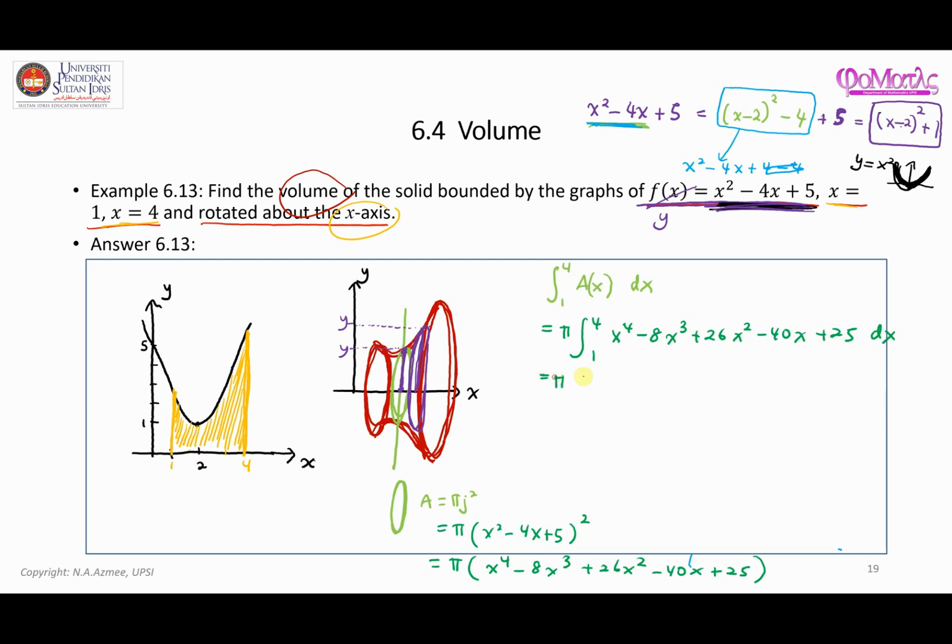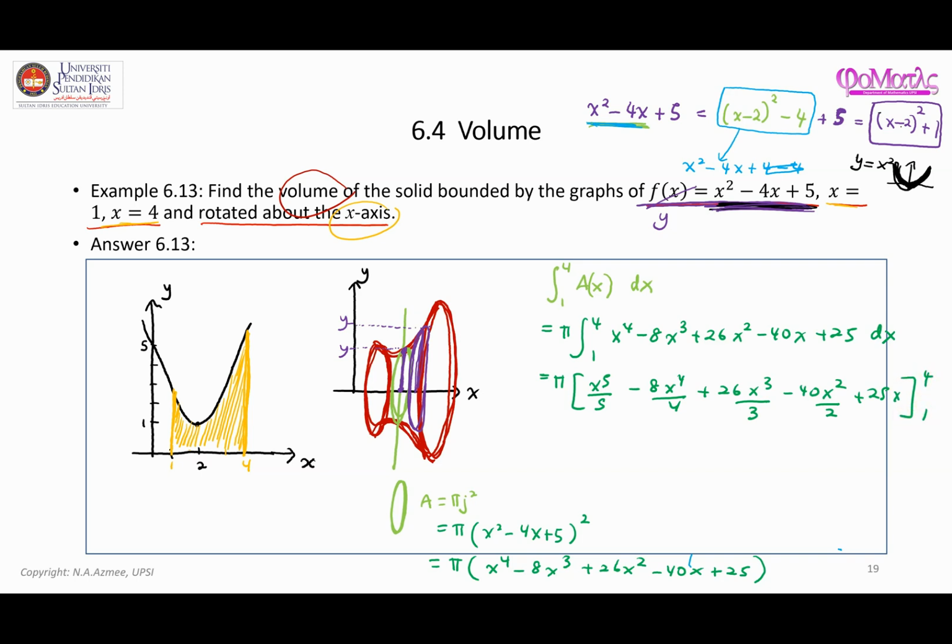The answer is x to the power of 5 over 5 minus 8x to the power of 4 over 4 plus 26x cubed over 3 minus 40x squared over 2 plus 25x, evaluated from 1 to 4.